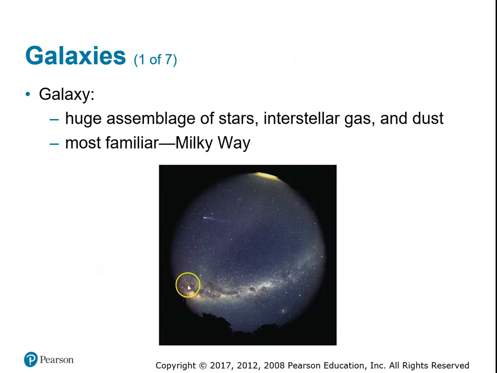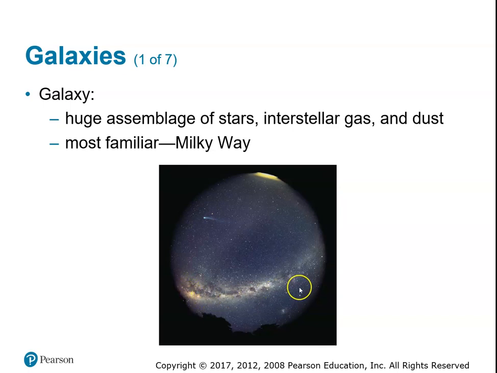But at the center of the Milky Way, and this is actually the first one that was ever discovered, is a supermassive black hole. The one at the center of our galaxy turns out to be one of the smaller supermassive black holes that are out there.